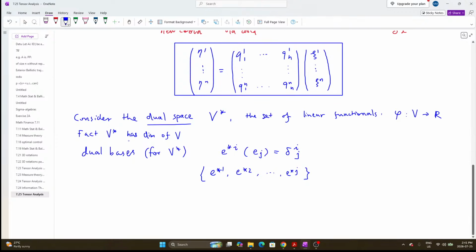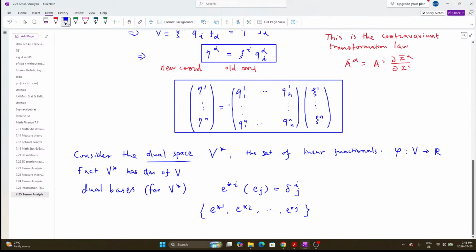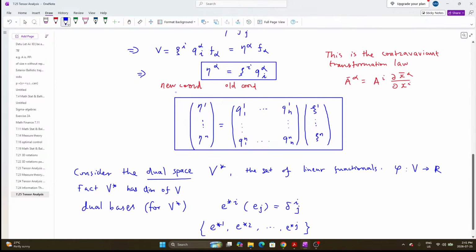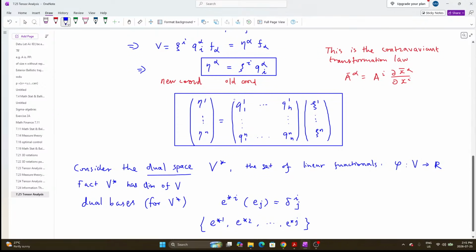I understand that dual space, dual basis, etc. are sometimes not part of the standard linear algebra course. Not every course teaches that. That's why I'm spending a little more time on this subtlety, because the dual space coordinates transform differently compared to the coordinates in V. This is where the difference between covariant and contravariant comes from.